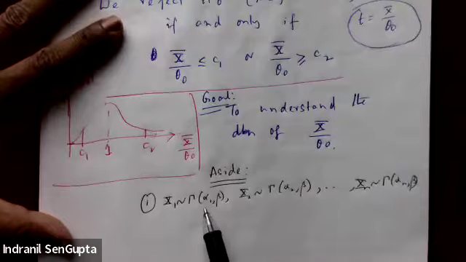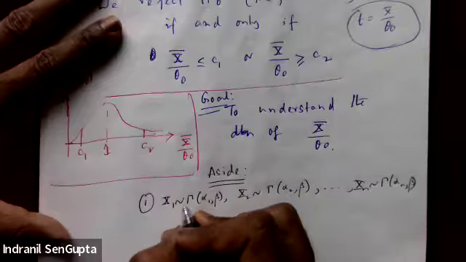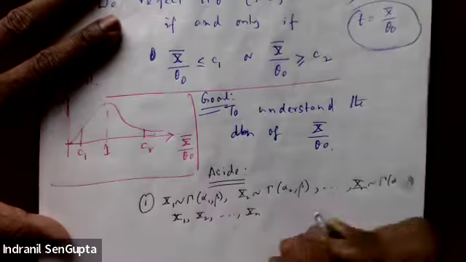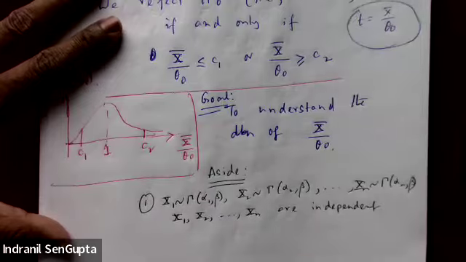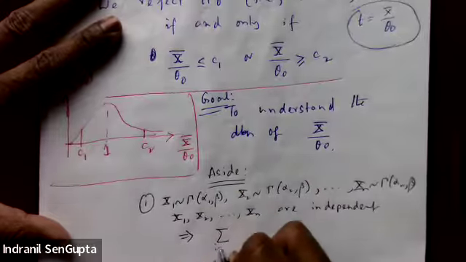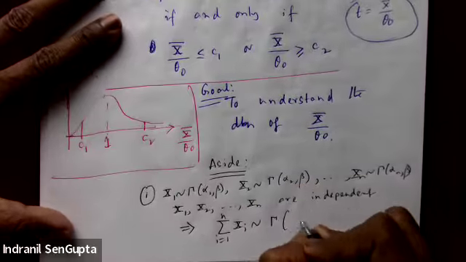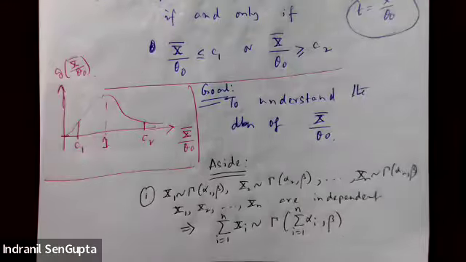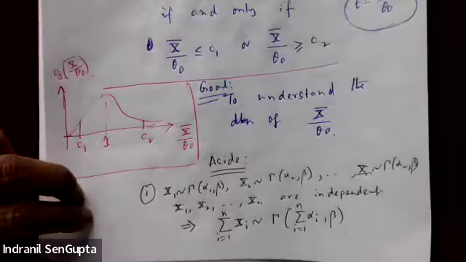Remember, the gamma has two parameters, alpha and beta. So I'm keeping the betas fixed. I'm just varying the alpha. So then x1, x2, xn are independent, though not identically distributed here. The distributions are different. Then a general result shows that the sum of xi from i equals 1 to n follows a gamma distribution with the sum of alpha i, and beta. In particular, if they are IID, the first parameter is n alpha. That's my first result I want to mention.